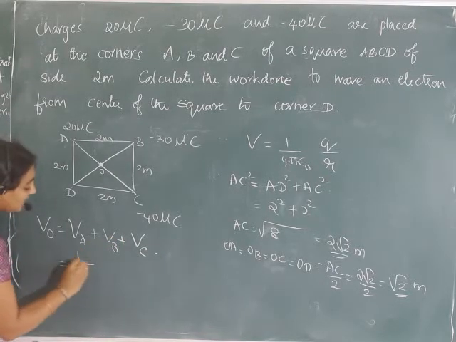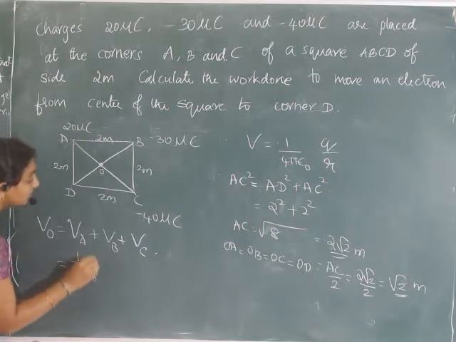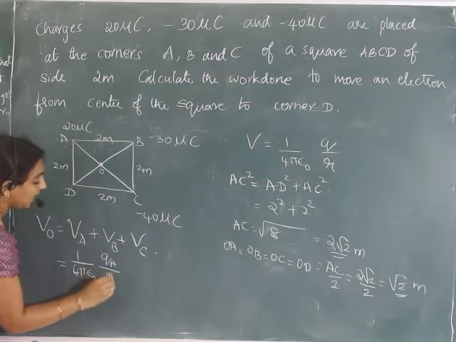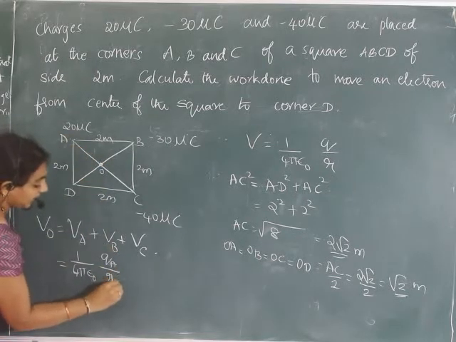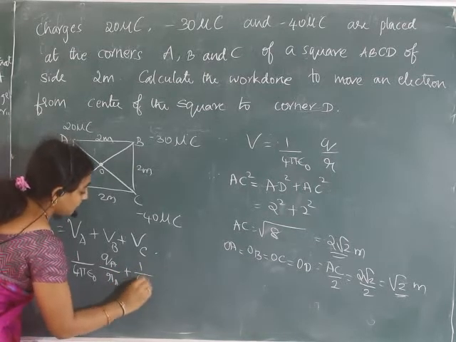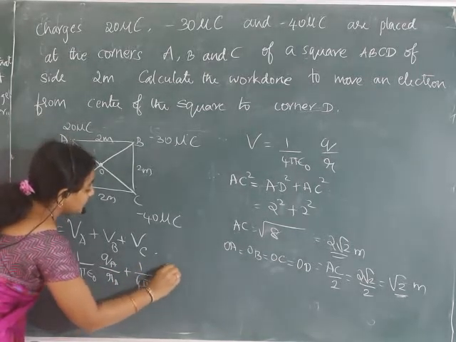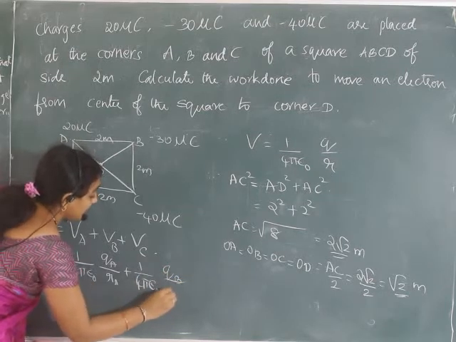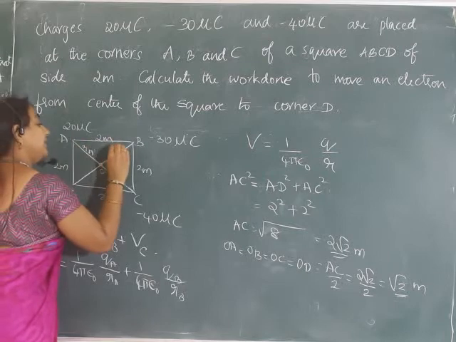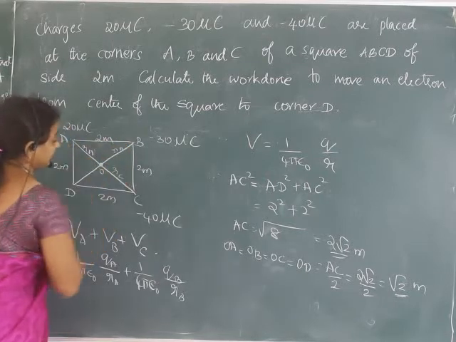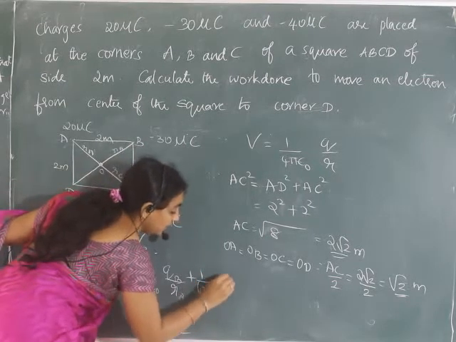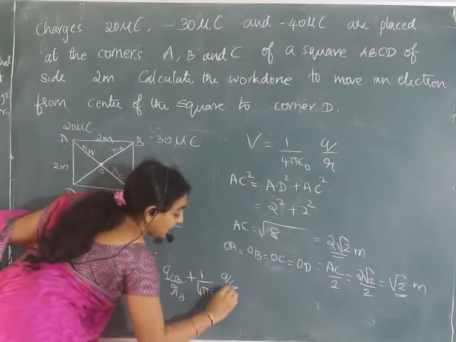VA is 1 by 4 pi epsilon naught, charge at A by RA, plus 1 by 4 pi epsilon naught, charge at B divided by RB, plus 1 by 4 pi epsilon naught QC by RC.